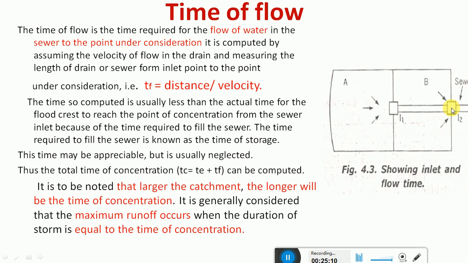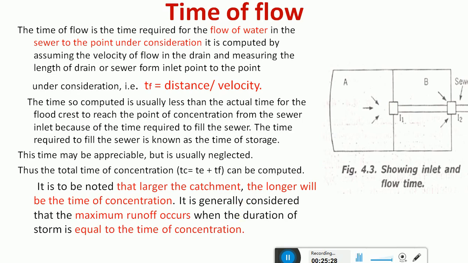This is for the obvious reason that the distance from the sewer will be more in a large catchment area. If you have a very small catchment area like this, then the water will enter at a faster pace. That is the meaning of the statement here.